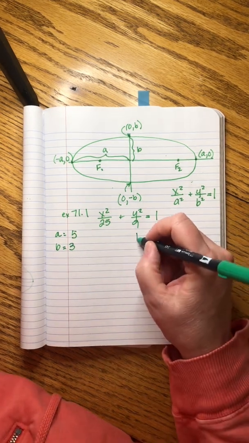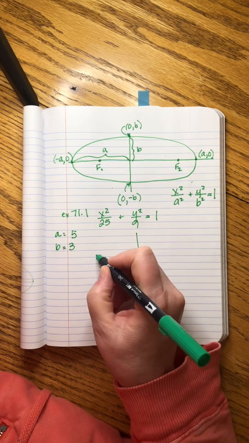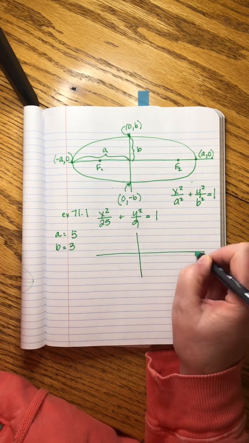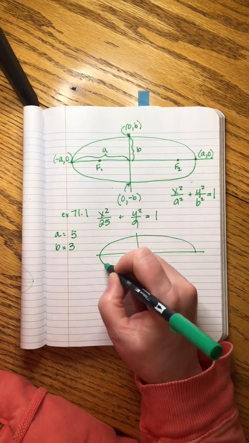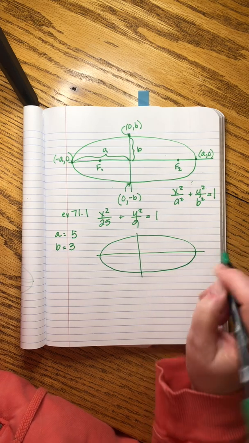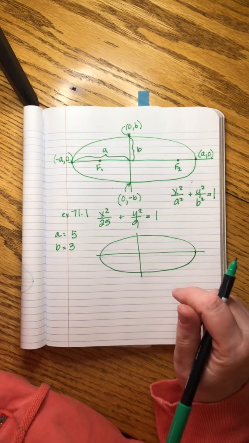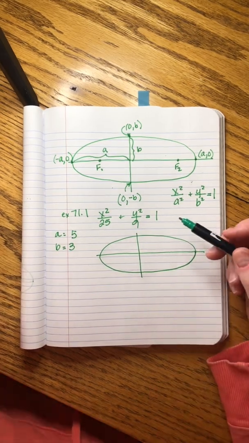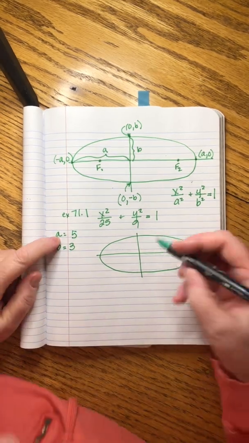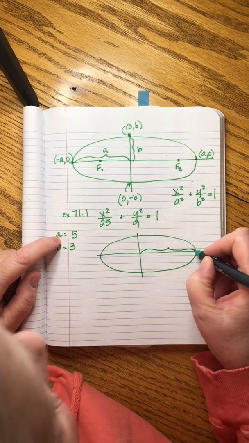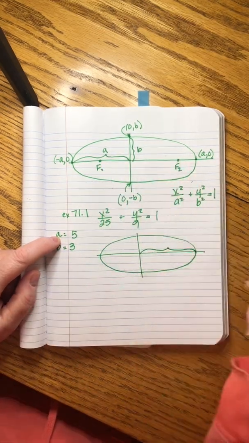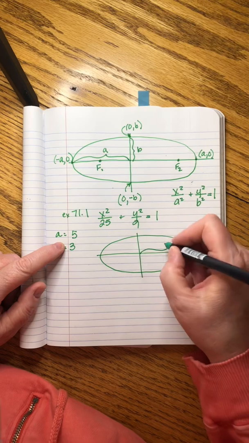So now, all I need to do is draw my ellipse. I have a problem of making this side a little bit bigger. Oh well, you can imagine, okay? So A is this long side. I can measure it on either side because they're the same, despite my picture's suggestion.